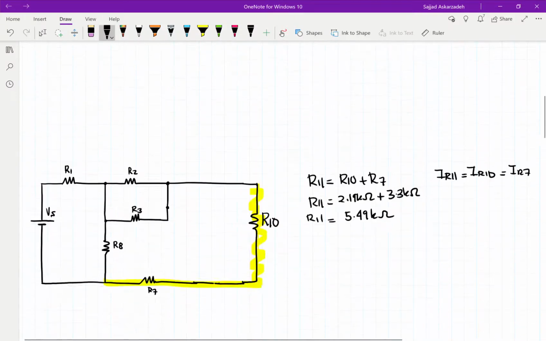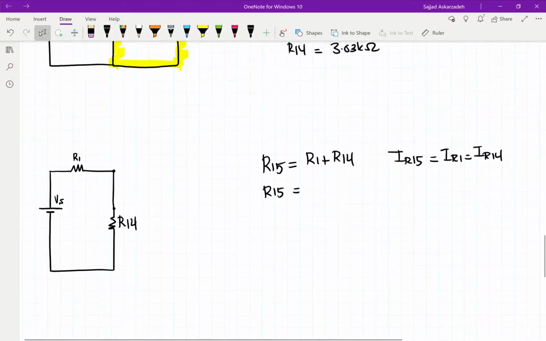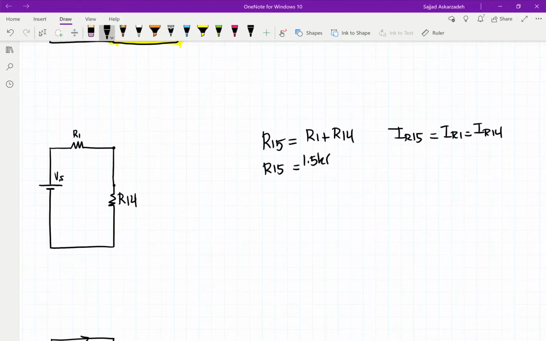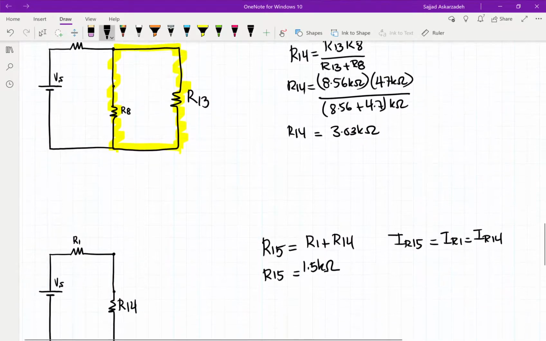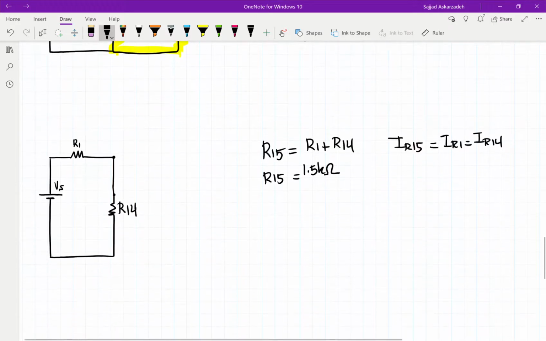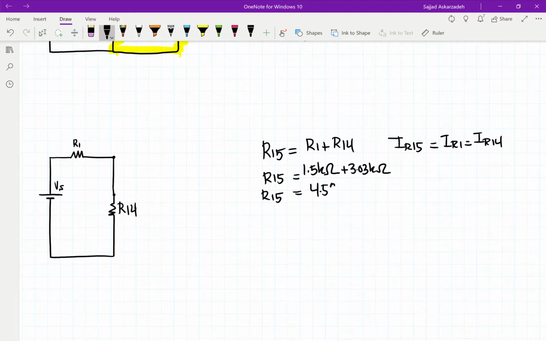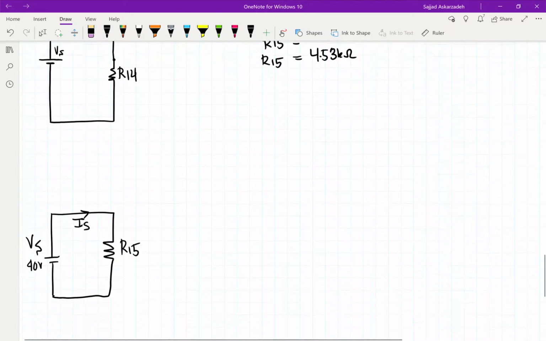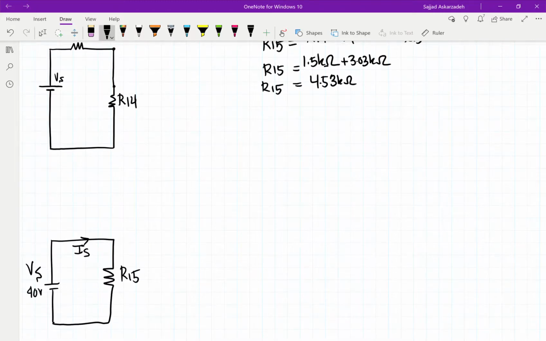Scroll up all the way, we get 1.5 kilo ohm. And then R14 is found from the previous answer, which is 3.03 kilo ohm. If we add that together, we get 4.53 kilo ohm. This is our last resistor that we're combining, so R15 is equal to 4.53.